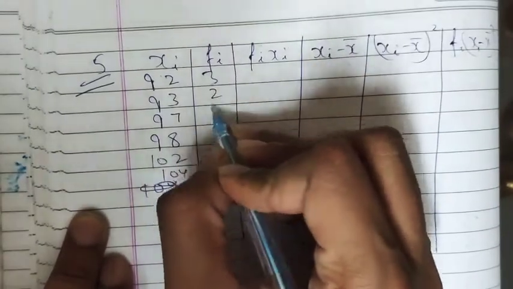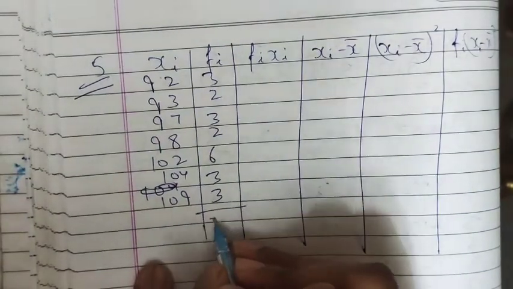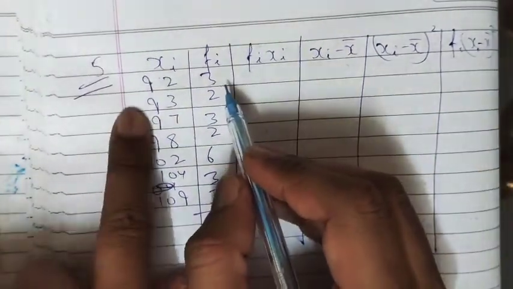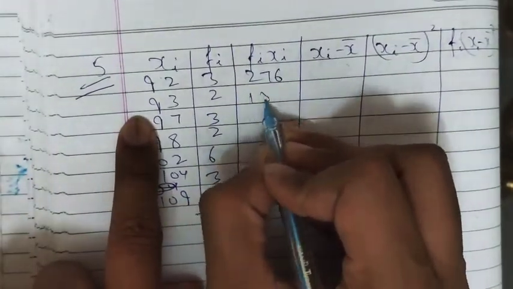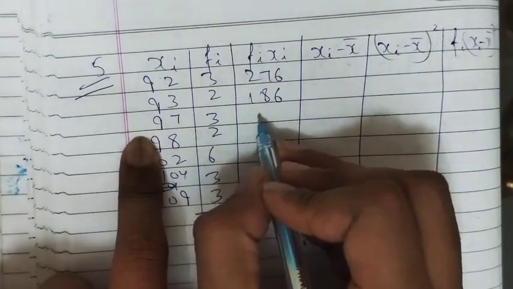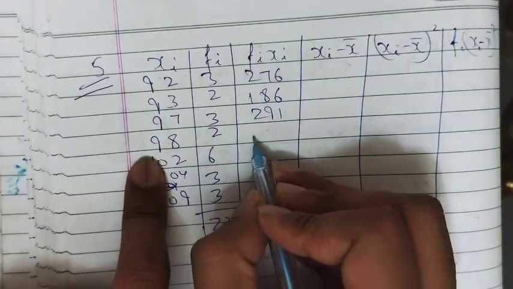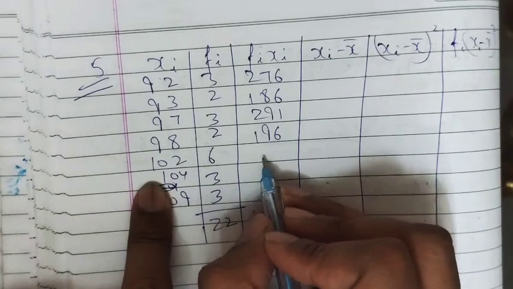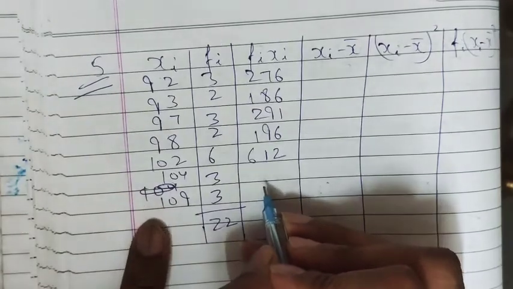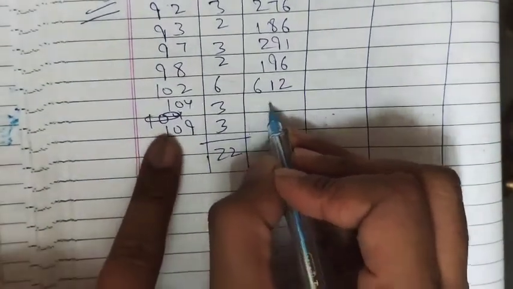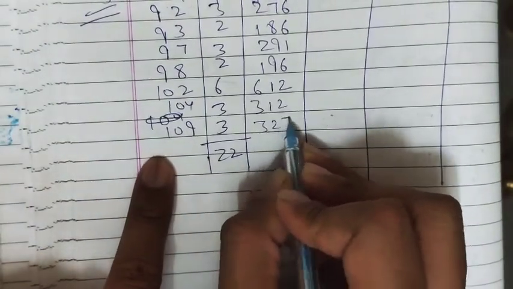Fi is 3, 2, 3, 2, 6, 3, 3. Sum of fi is 22. Now fi xi: 92 multiplied by 3 is 276, 93 multiplied by 2 is 186, 97 multiplied by 3 is 291, 98 multiplied by 2 is 196, 102 multiplied by 6 is 612, 104 multiplied by 3 is 312, and this is 327.